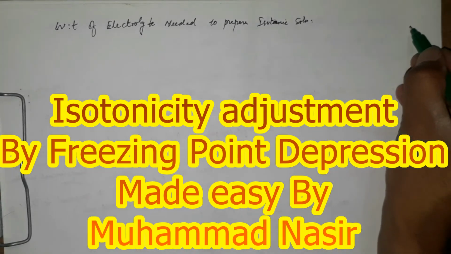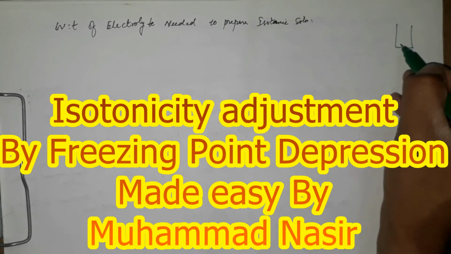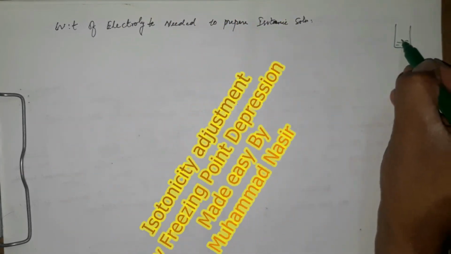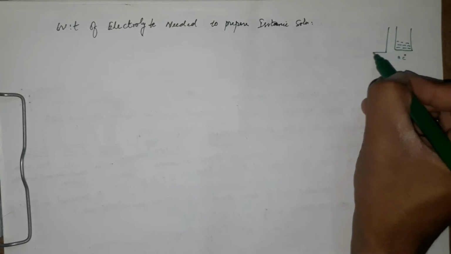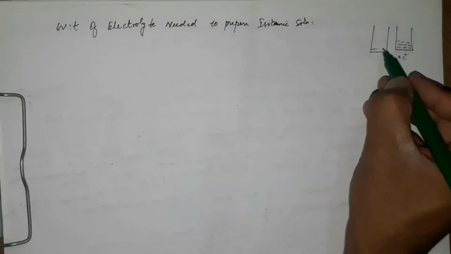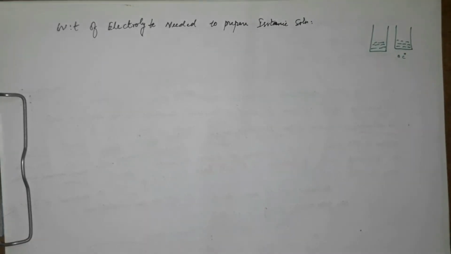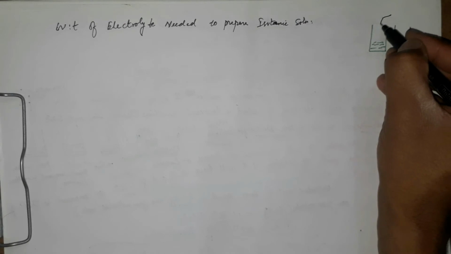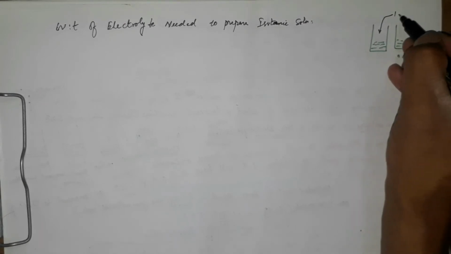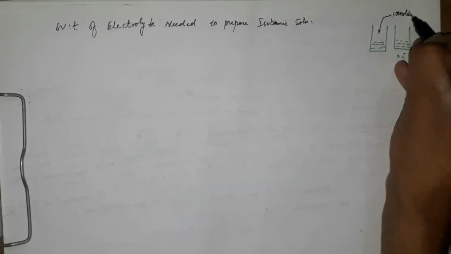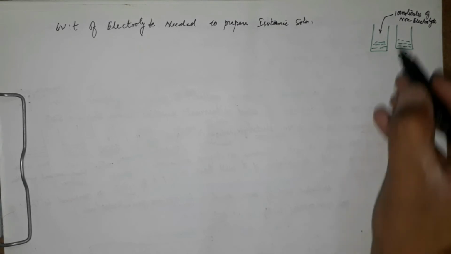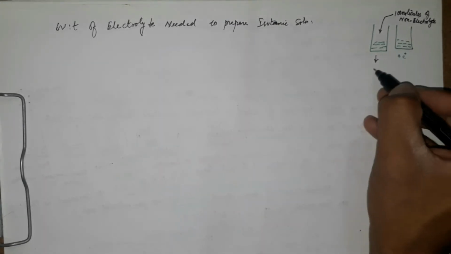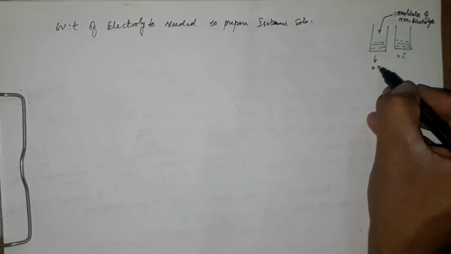As I discussed earlier, if this is pure water, it has a freezing point of 0 degree centigrade. Now if this is pure water and we have added here, for example, 100 molecules of a non-electrolyte, let's suppose it has decreased the freezing point from 0 to 0.5 degree centigrade.